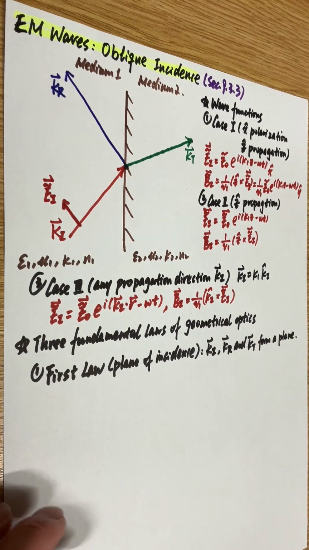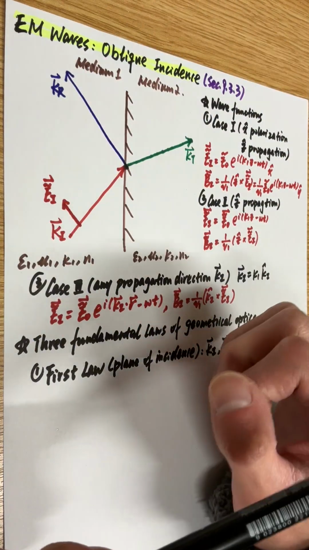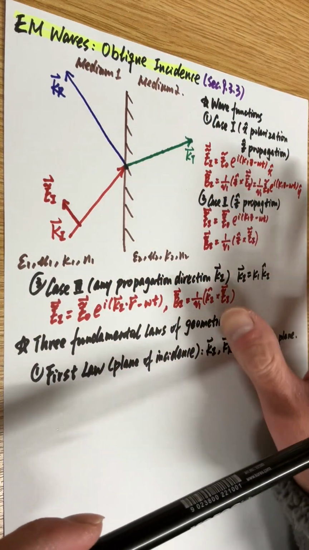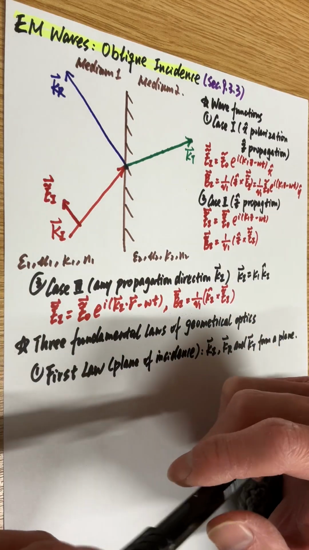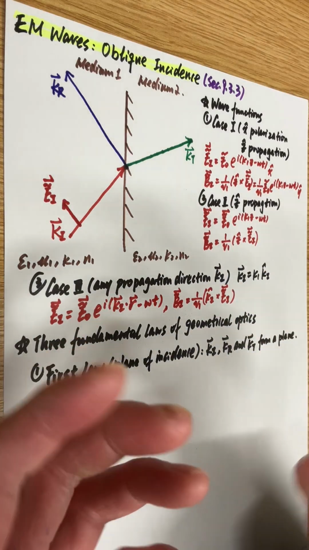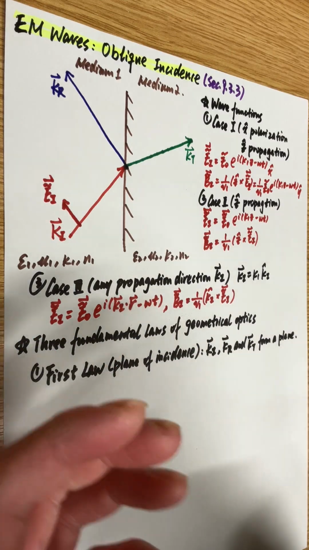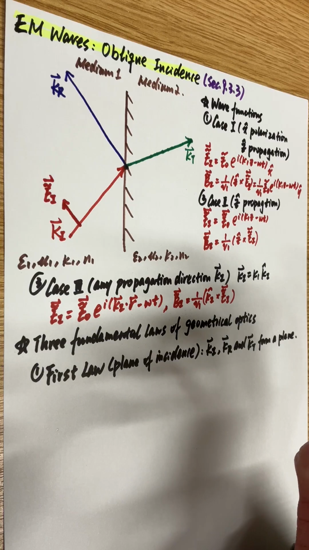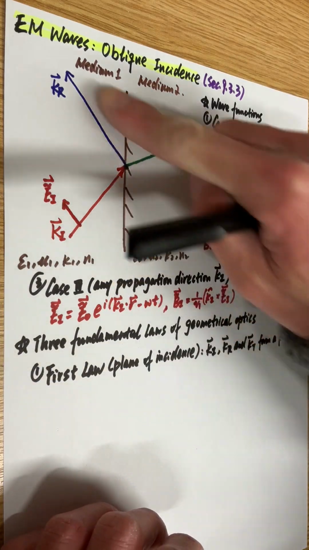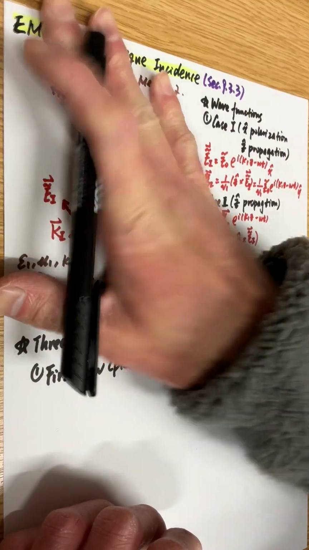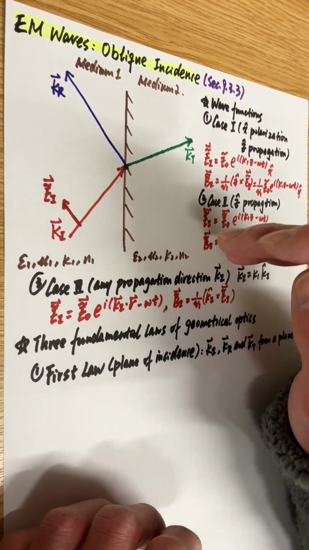So why is this helpful? We have this reflection and transmission in 3D. So the x, y, z coordinate could be anything. You can rotate it yourself. But we want to set the x, y, z coordinate to be convenient for calculation. So if the 3 wave vectors define a plane, we might as well define this plane as the xz plane.